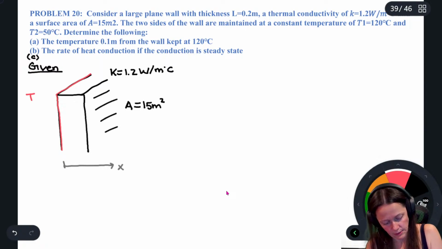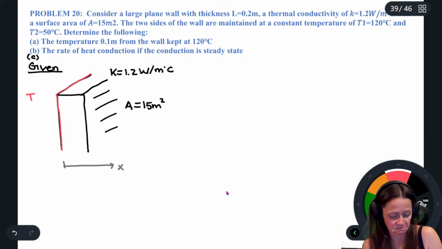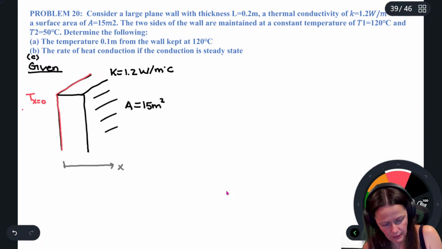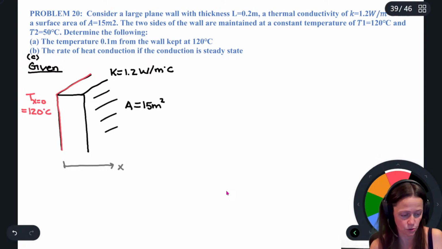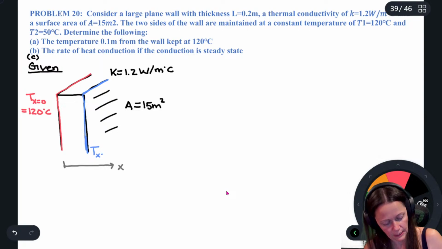This is T at x equals 0. He's 120 degrees Celsius, or you could have drawn T1. And here's my T at x equals L. He's 50 degrees.